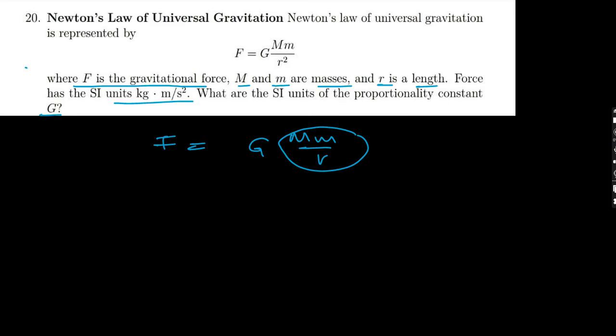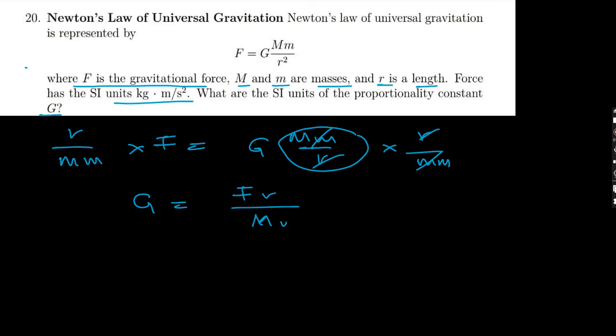I'm going to multiply by R squared over M M. The M M cancel, and the R squared cancel. What we do on this side we also do on the other side. So our G now is going to be F times R squared over M times M.